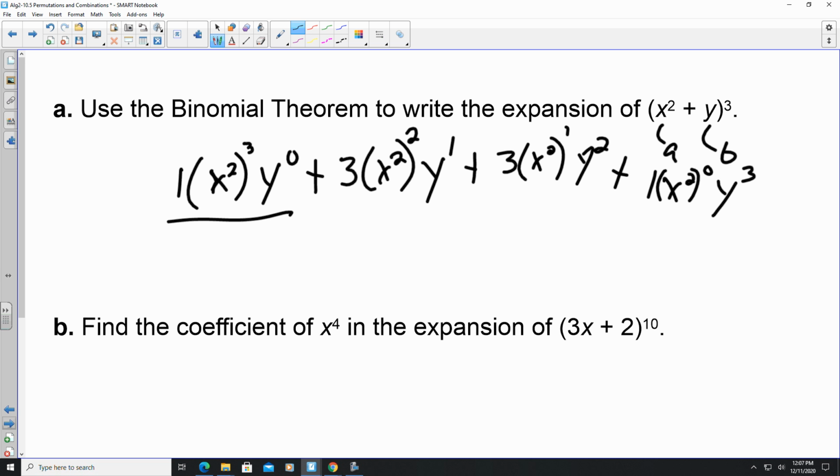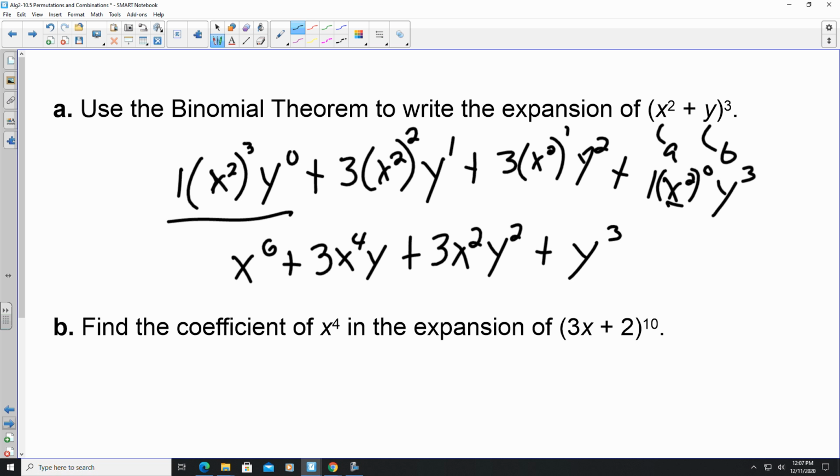this right here is just 2 times 3, which is 6. So this is x to the 6th power plus 3x to the 4th y to the 1st plus 3x squared y squared plus, this is the 0 power, so that's just going to be 1. So I'm just left with y cubed here.